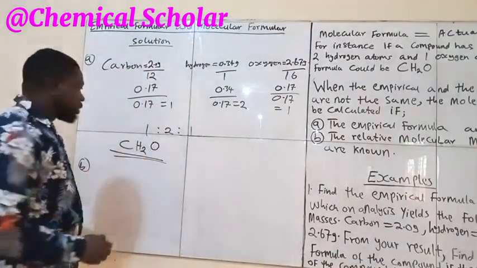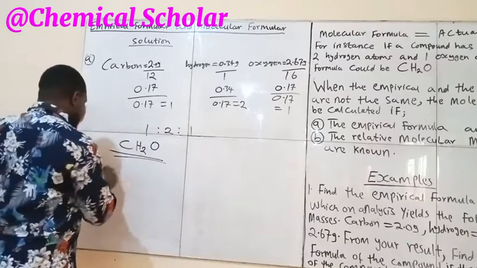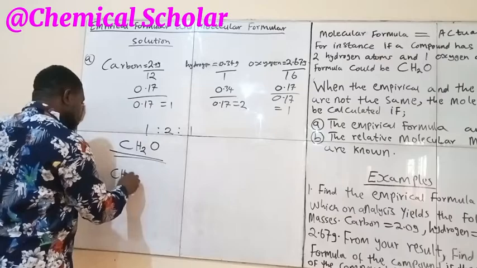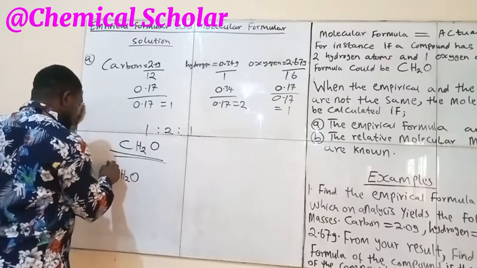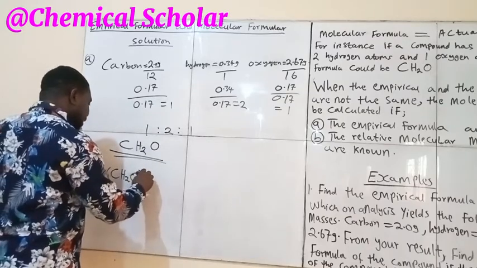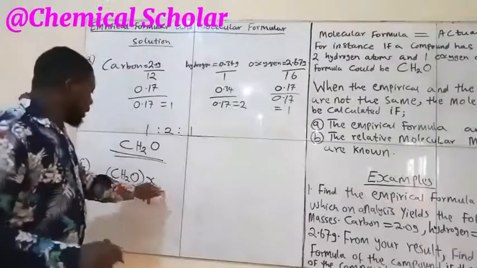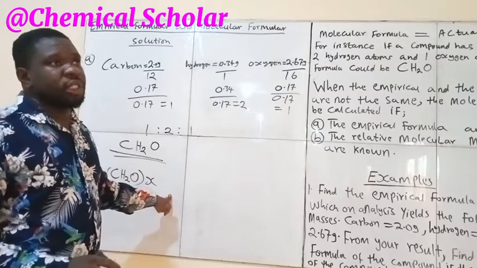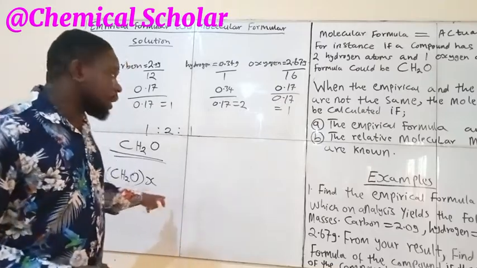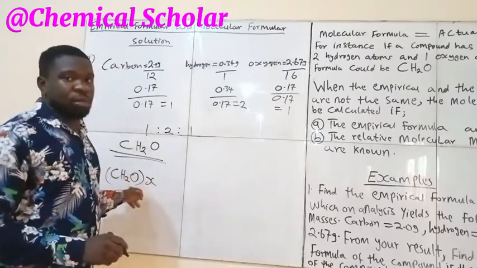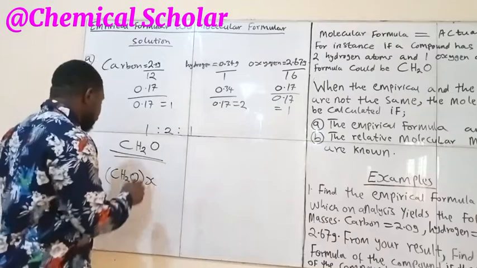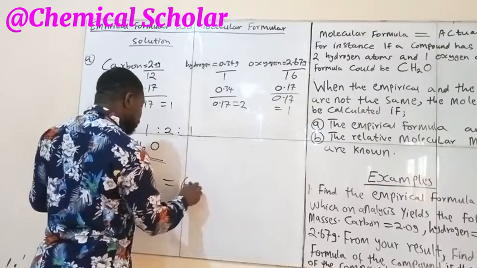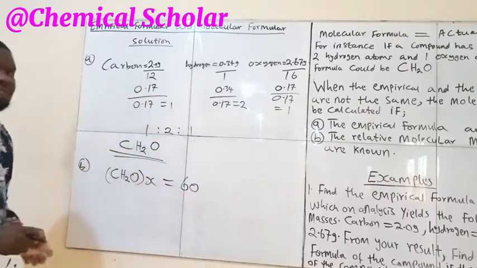If we do that, then we have the empirical formula, which is (CH2O) in brackets X, where X will give us the real number of atoms in this particular molecule. Okay, so this will now be equal to 60, because we are told that the total mass here is 60.